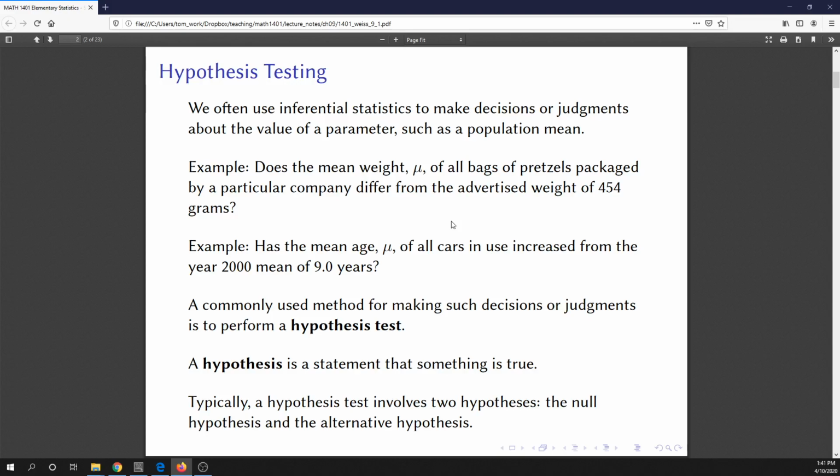When companies package food like this, if you look on the bags of pretzels, it has a weight of the pretzels inside the bag. So that is the advertised weight of the bag of pretzels. But usually the packaging of pretzels like that, or other food items, is automated. It's done by machines, so it can vary. It's not a perfect process when you do something like that.